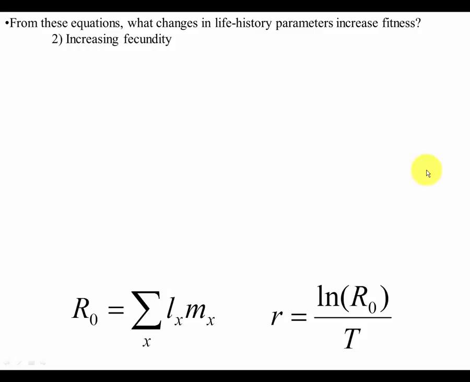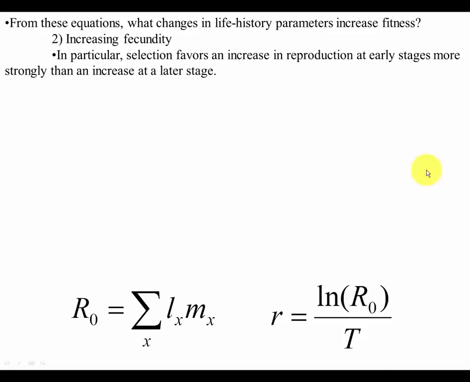That's not a surprise, but one thing that you might not have realized is that selection particularly favors increases in reproduction at early stages. The reason is that individuals that make it to an early stage of reproduction might not survive to a later stage of reproduction.